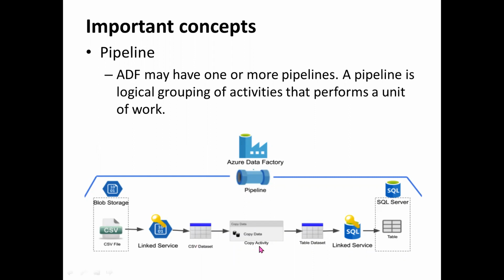Yes. Let's assume the same case, multiple copy activities. Let's say you have multiple copy activities and out of 5, one has failed. What will happen? The entire pipeline is marked as failed, and someone has to go and diagnose what has failed and rerun the pipeline to make it succeed.